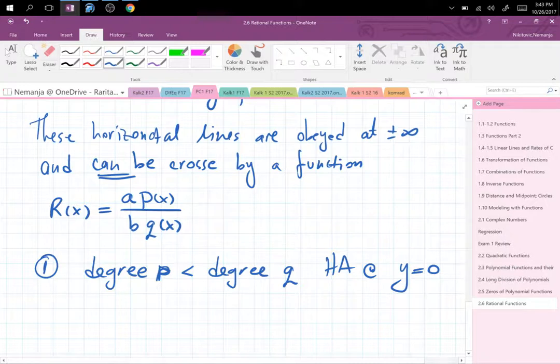So if the degree of p is less than the degree of q, your horizontal asymptote, which is a horizontal line, is y equals a number, so it's y equals 0.